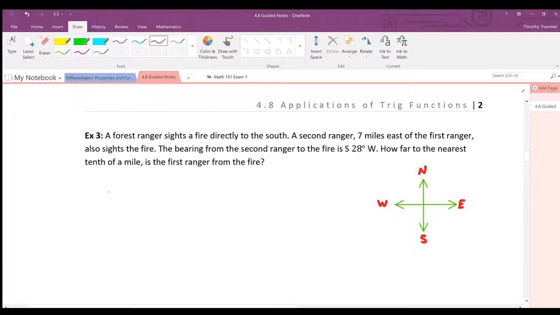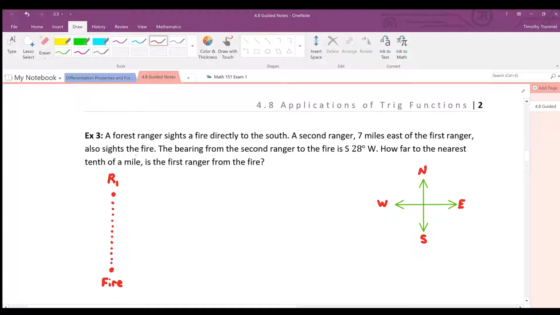So let's see, we have a ranger first, and let's call the first ranger Ranger 1. We'll label him R with a subscript 1. And then there's some fire to the south, right? And it was directly to the south. Okay.